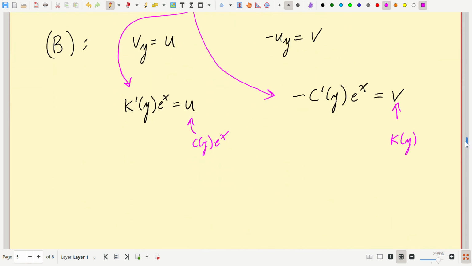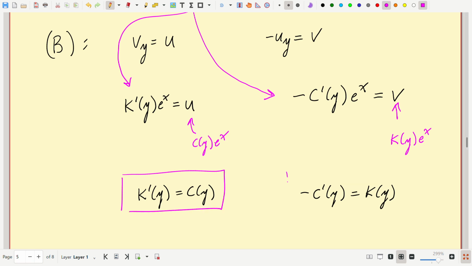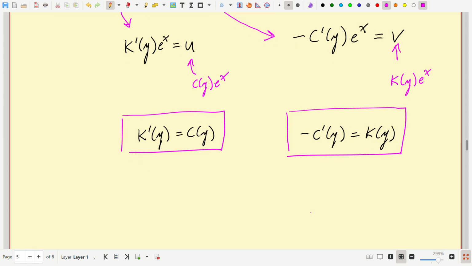And so when I divide out the e to the x's there, I get some ODEs for the k's and the c's. I get that k prime of y needs to be equal to c of y. And here I get that minus c prime of y needs to be equal to k of y. And it turns out that's a system of ODEs that's not hard to solve using Math 262 or 266. This is what I wanted to call number 1, and this is number 2.